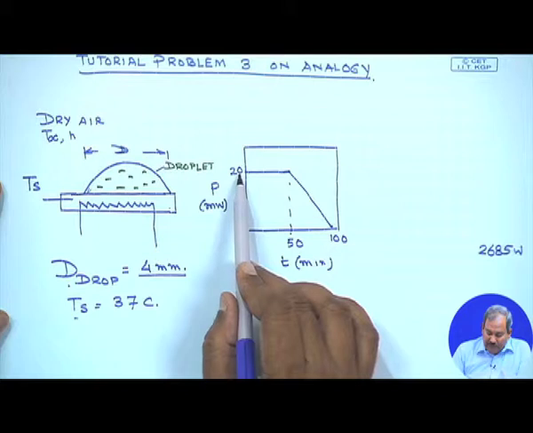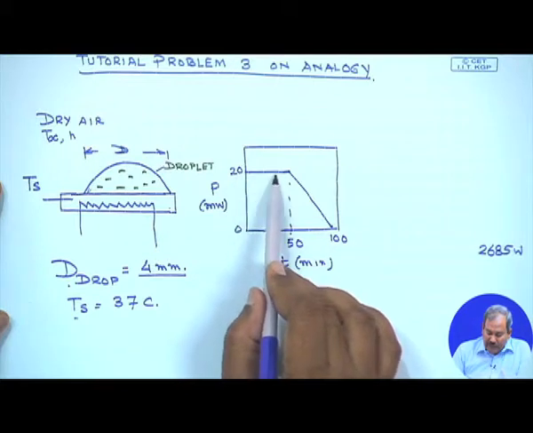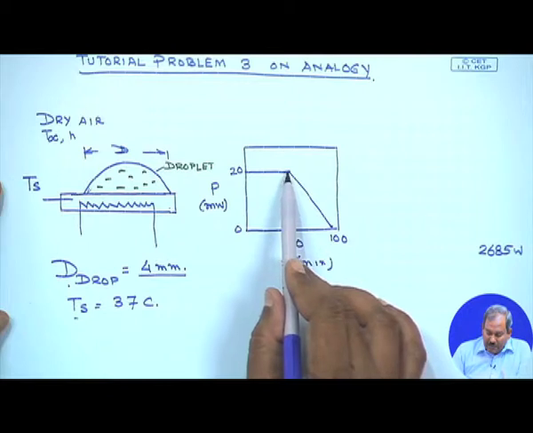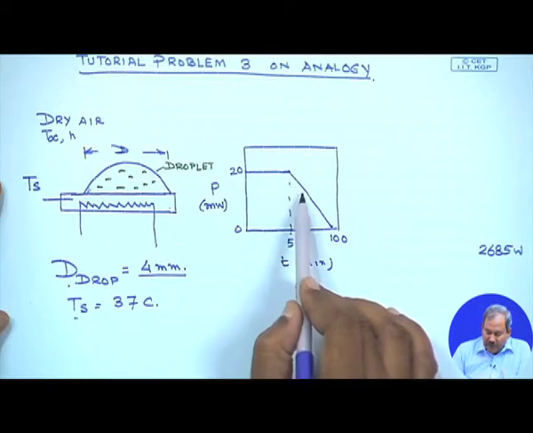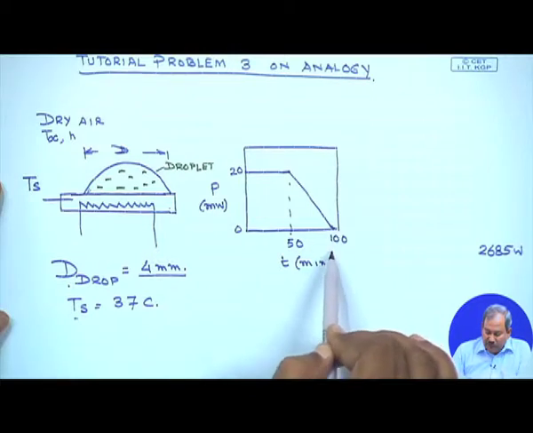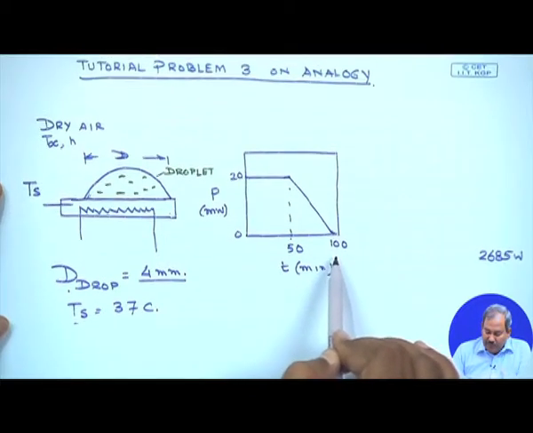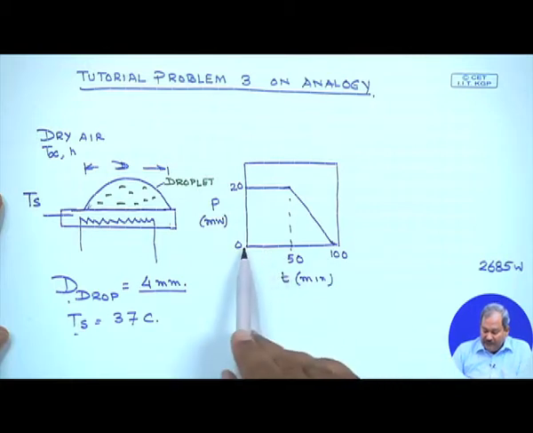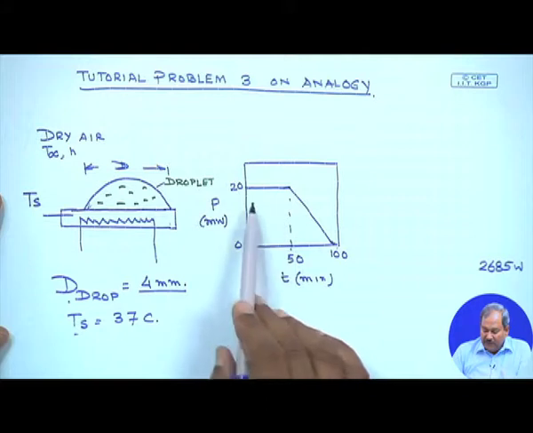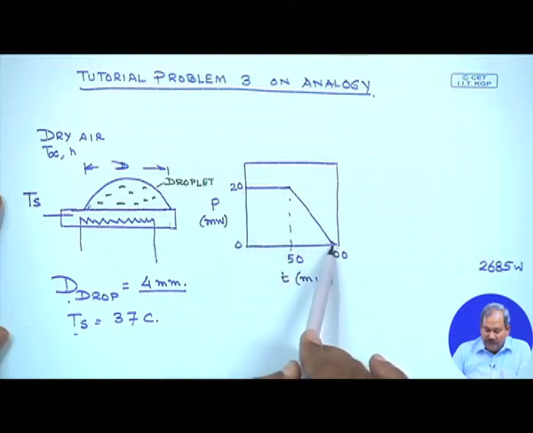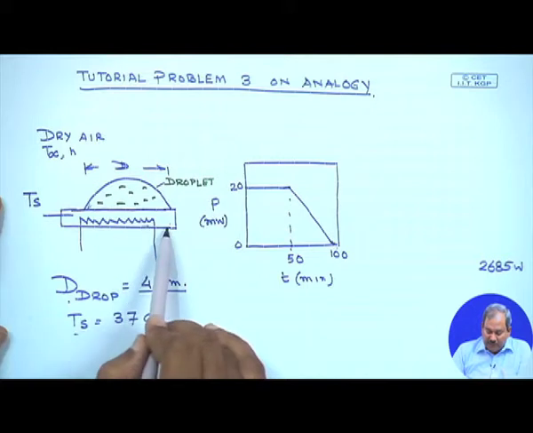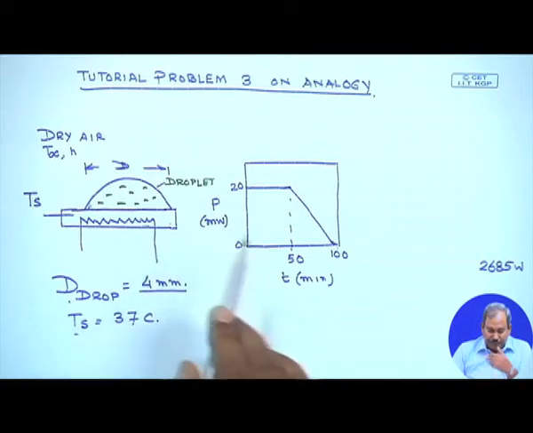Starting with a value of 20 milliwatt, it remains constant up to 50 minutes, and the experimental data from that point shows a steady decrease of the power till it reaches 0 when the time is equal to 100 minutes. So, the entire drying is going to take place over a time of 100 minutes, and this is essentially the power history of the heater that is provided to the substrate.